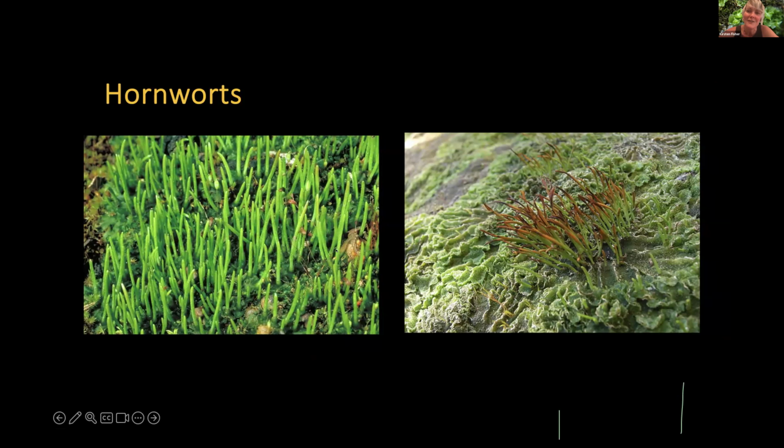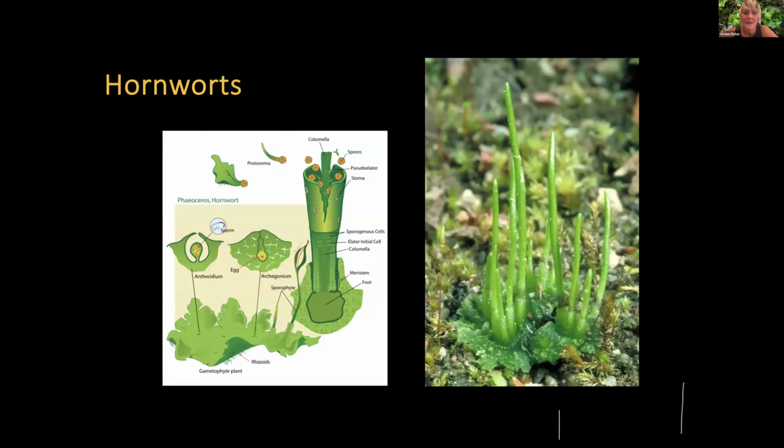They're also much longer-lived. So here's a schematic: they have a basal meristem, kind of like a grass, where they are dividing, and then they just keep pumping out more sporophyte throughout their lifetime.